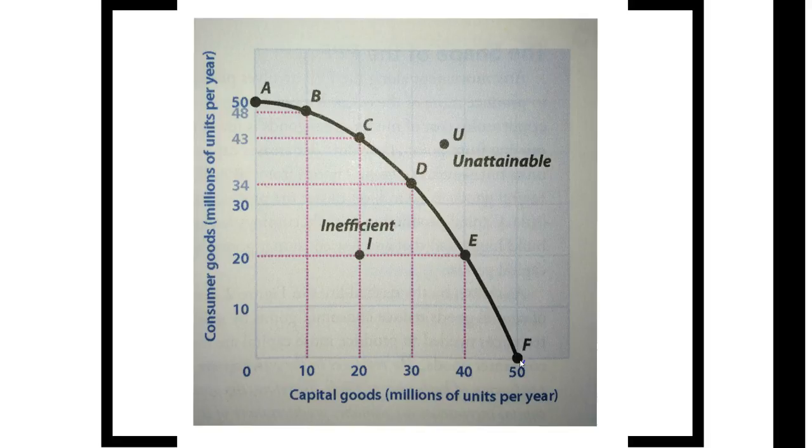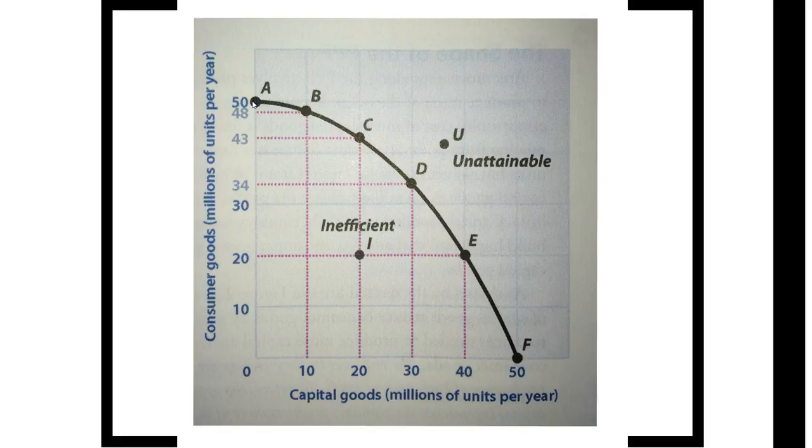Thus, when resources switch from making capital goods to making consumer goods, so this is all consumer goods, few capital goods need be given up initially. As more consumer goods are produced, however, the resources that are more productive in making capital goods must be used for making consumer goods, reflecting the law of increasing opportunity cost.